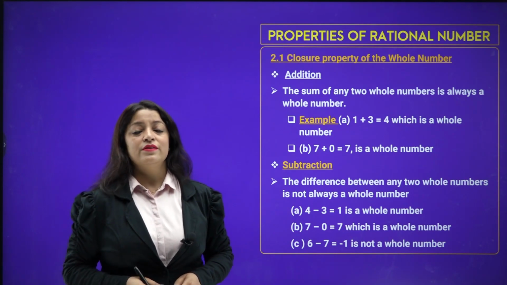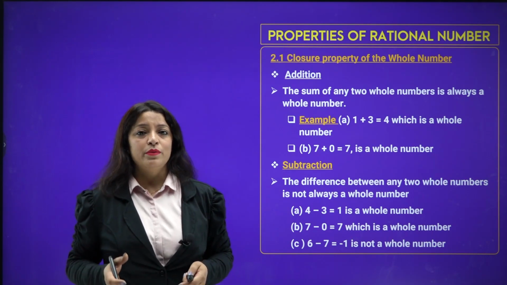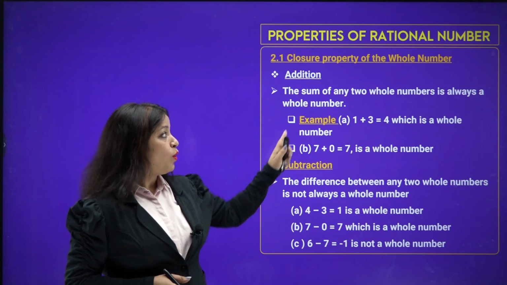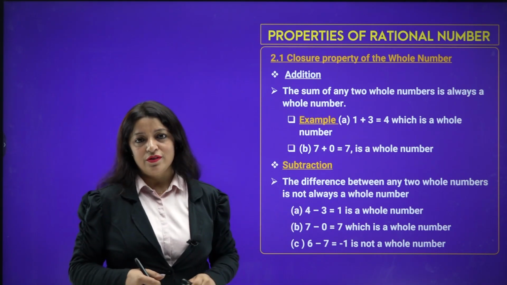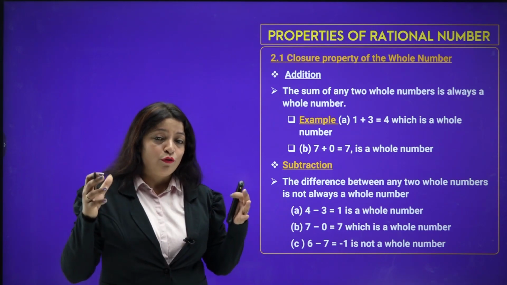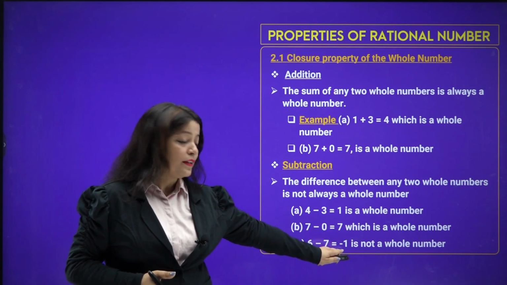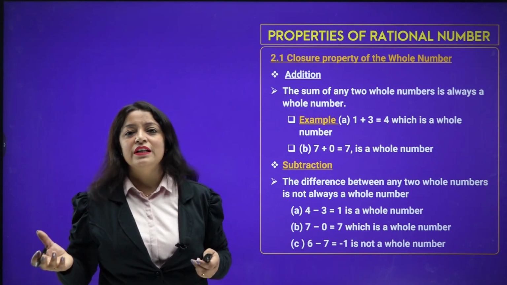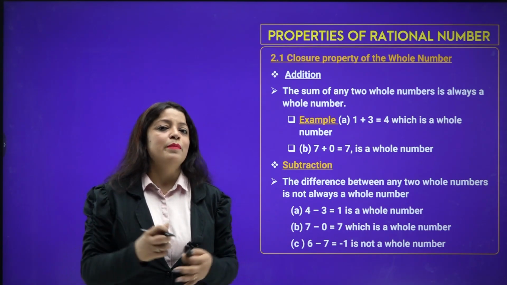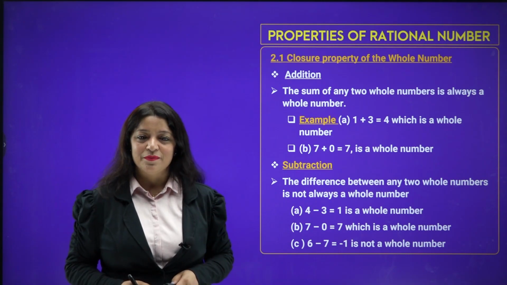So it is not necessary that every time we get a whole number. So we say the whole numbers are not closed under subtraction. In that bag of whole numbers, you will not get the number minus 1 because it is not there in the bag, it is actually an integer. So you can easily say that the bag is not closed for subtraction.